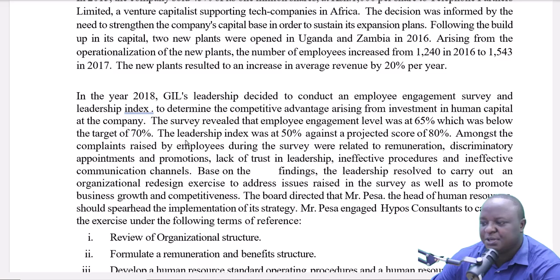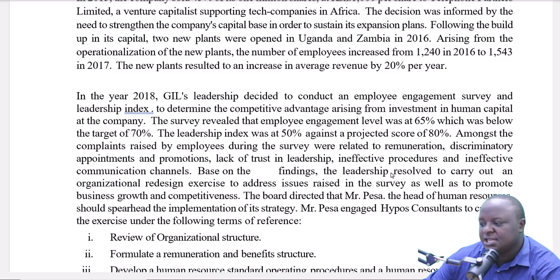The leadership index was at 50% against a projected score of 80%. Among the complaints raised by employees during the survey were related to remuneration, discriminatory appointment and promotions, lack of trust in leadership, ineffective procedures, and ineffective communication channels.